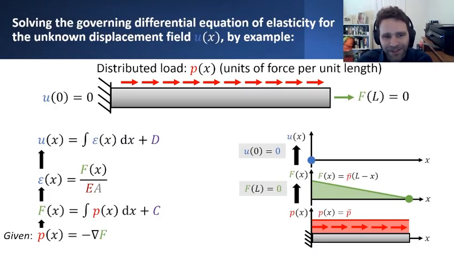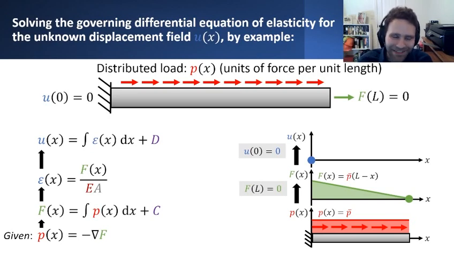And if we know a differential relationship between strain and displacement, where strain is just the derivative of the displacement field, then all we need to do to recover the displacement field is integrate the strain field with respect to x, and again, we have to introduce some constant of integration, which I'll call d.